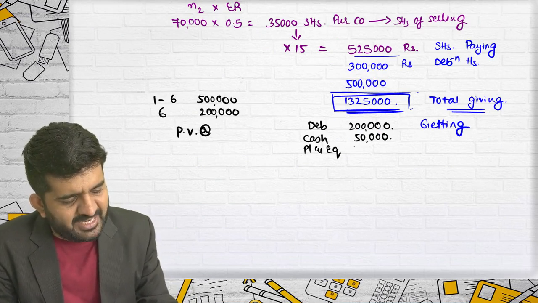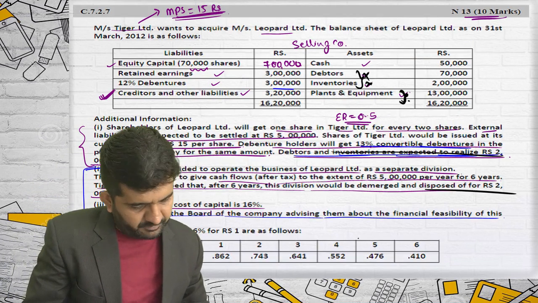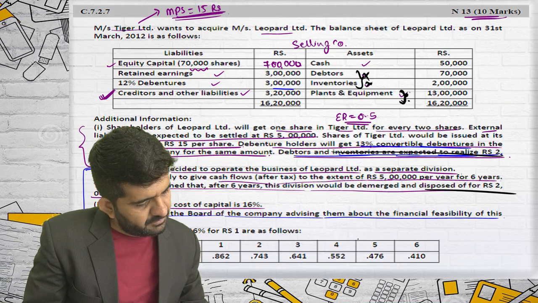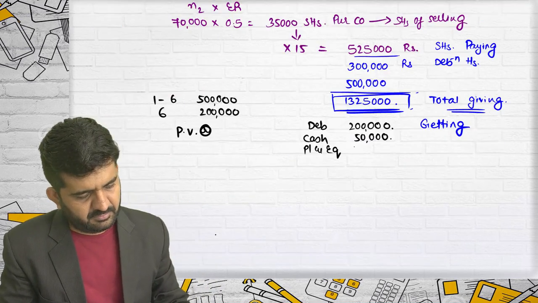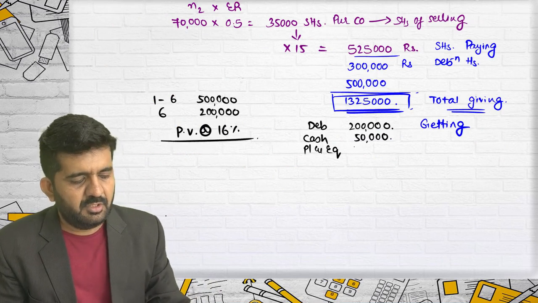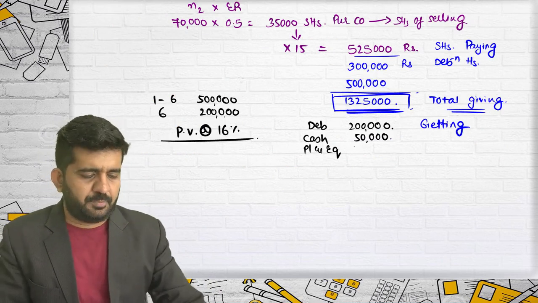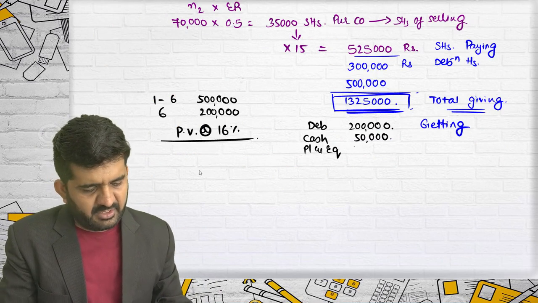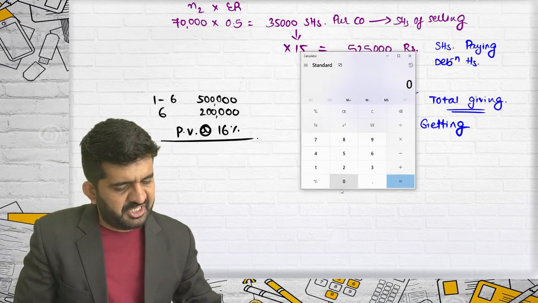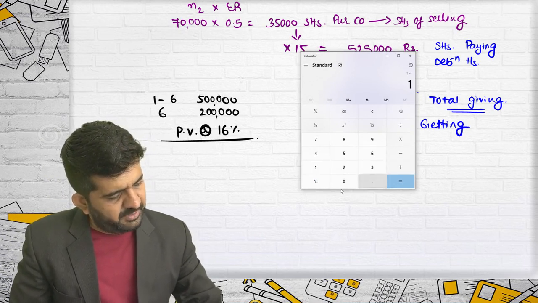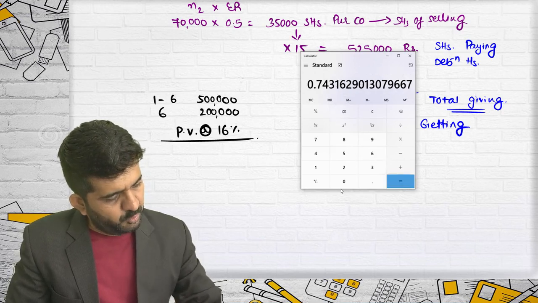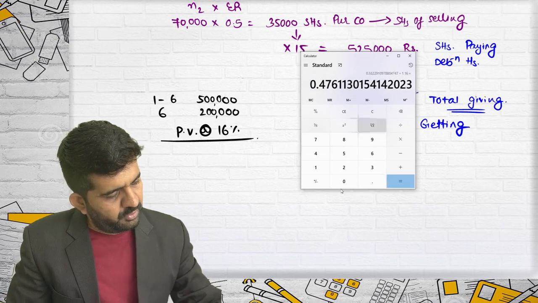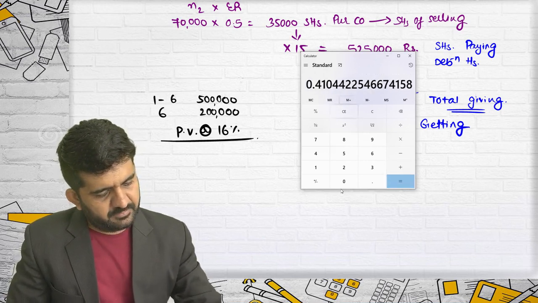Find out the present value at the rate of 16%. If you don't know this, you should go to the previous chapters on time value of money. This I am finding out on the calculator. You can find it out with GT; I am finding it out with M+. 1 divided by 1.16, M plus, 1, 2, 3, 4, 5, 6.